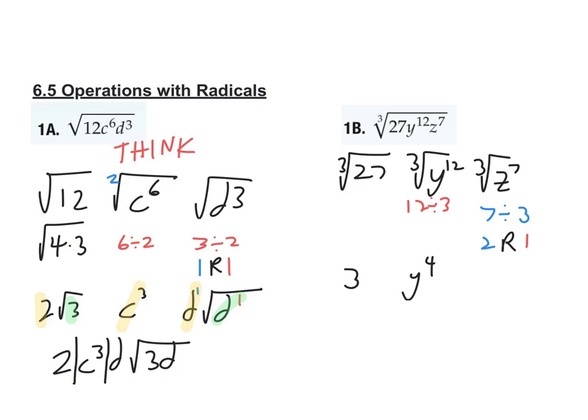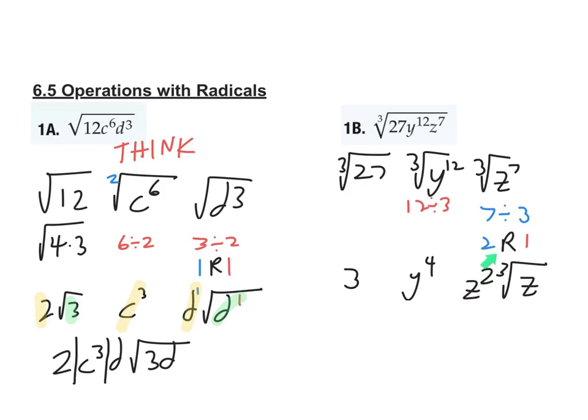So I need that remainder. The 2 becomes the power on z on the outside. The 1 becomes the power on z on the inside. And again, it's the remainder. It remains under the radical. Okay? The remainder remains under the radical. So what I end up with here is z squared, because that's what this power goes with.